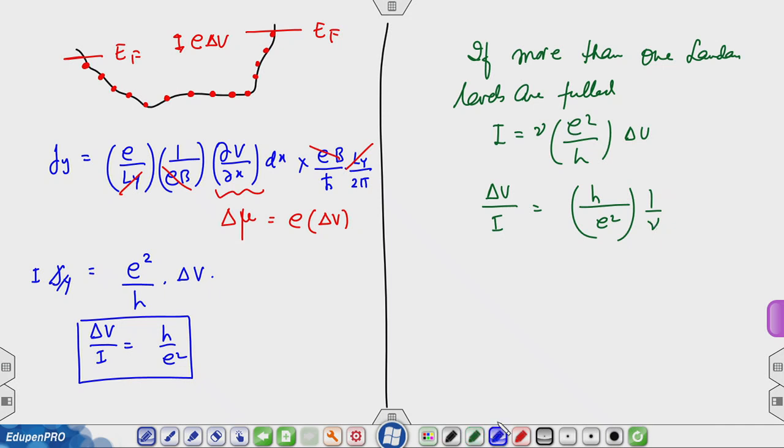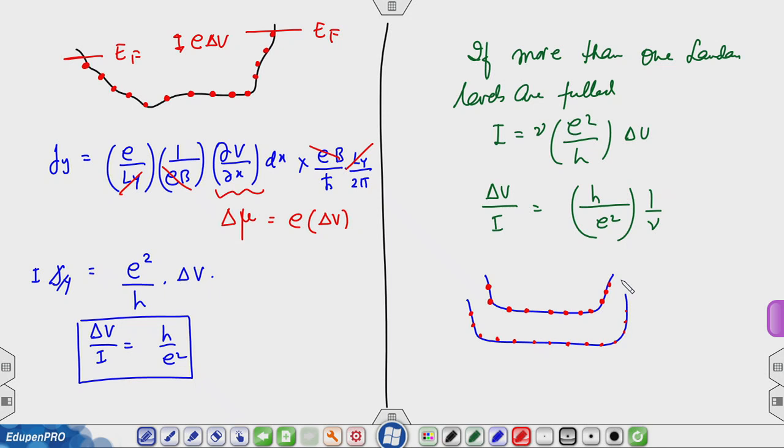What we mean is that in this sample, earlier you had the ground state Landau level, now you can have the next level also. So, if there are two, you will get two of these Landau levels participating, and you get 1 over 2 h over e square.